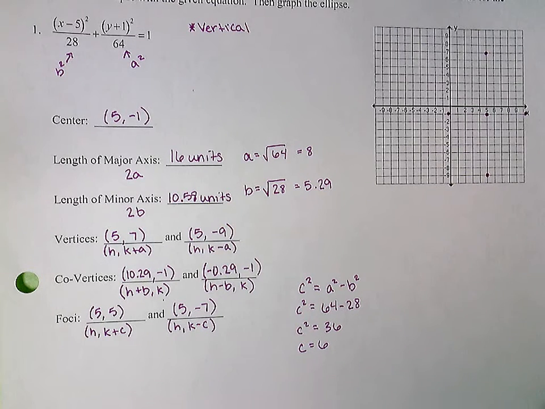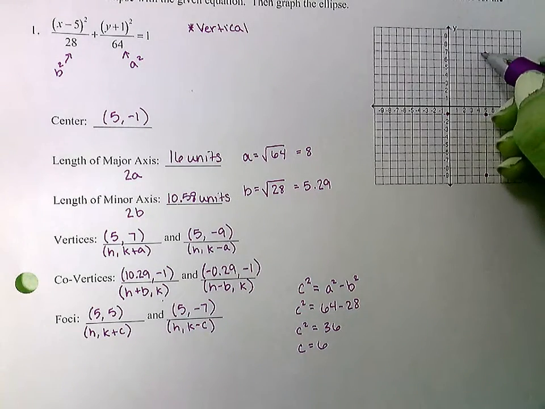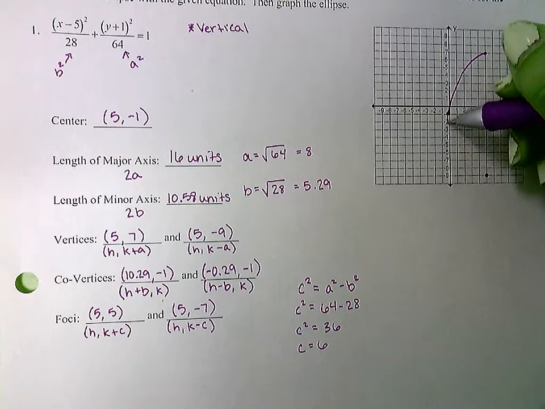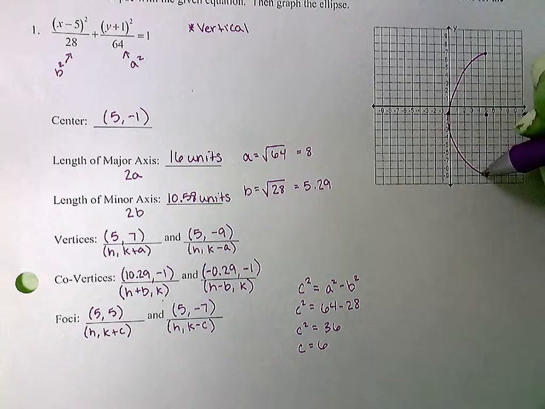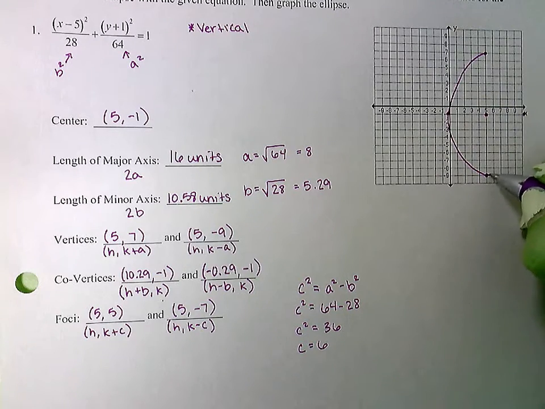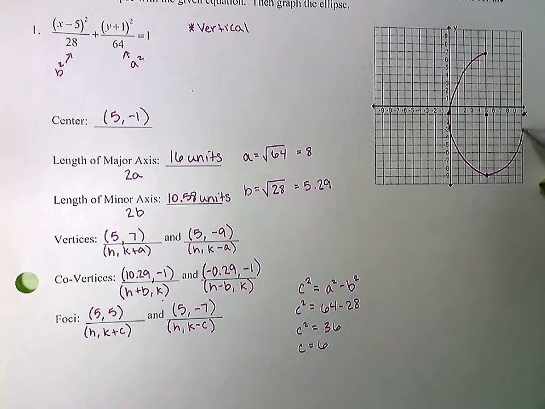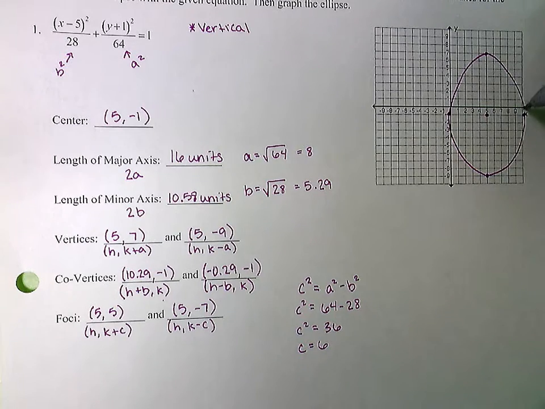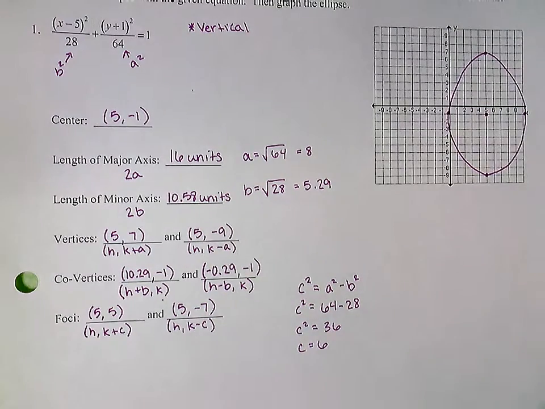So the shape of your ellipse should be an oval. It looks like a diamond. Your ellipse should be an oval shape.